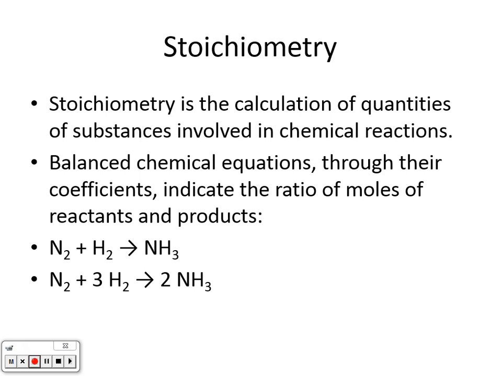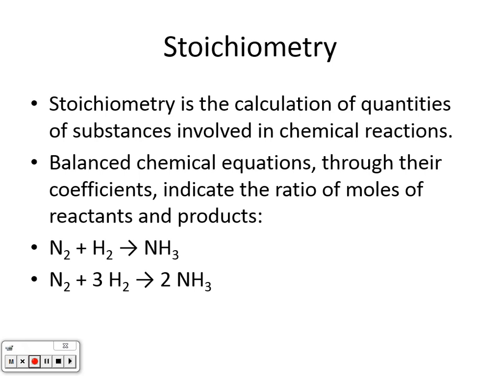So, what is the balanced equation telling us about this reaction? Or more specifically, about the ingredients of this reaction? Scott, go ahead. There are 3 hydrogens and 1 nitrogen. 3 hydrogen molecules for every 1 nitrogen molecule. Good. We need 3 hydrogen molecules for every 1 nitrogen molecule. But what else could that be telling us? 3 moles for every 1 mole of nitrogen.